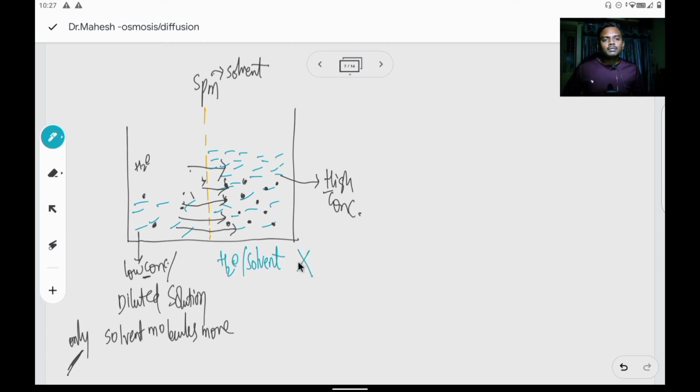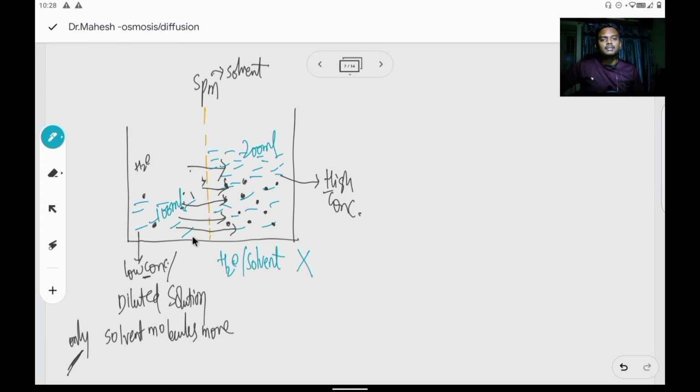It tries to get equilibrium concentration in terms of solute, so that's why water will move from this side to that side. But here the water level, let's say this is 100 ml, it became 200 ml, so that's why the quantity or concentration of solvent water doesn't become equal on both sides.